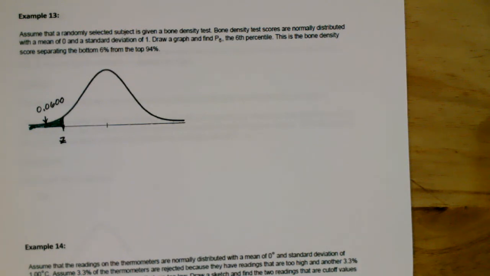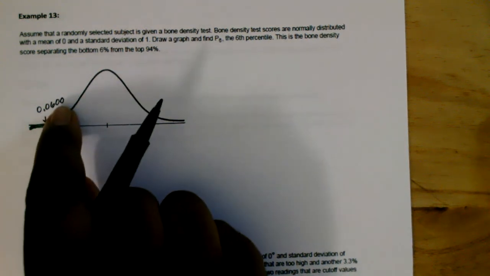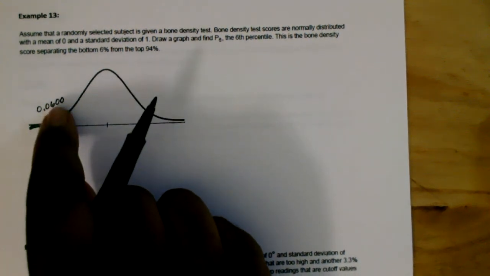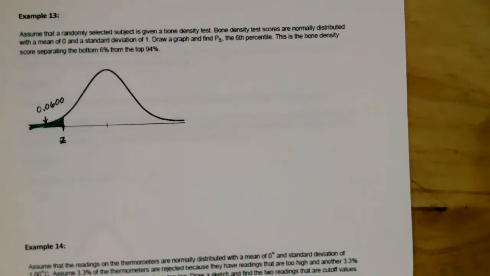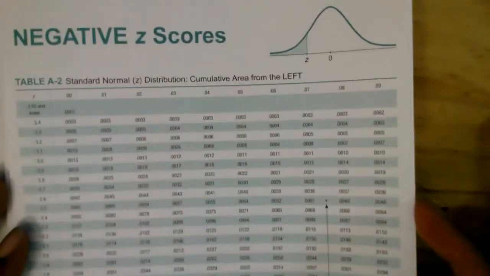Now we're going to find a probability value that's closest to 0.0600, because you're not going to find that exactly in the table. And since this is less than 0.5, we need to use a page that says negative z-scores. Okay, so here's negative z-scores here.